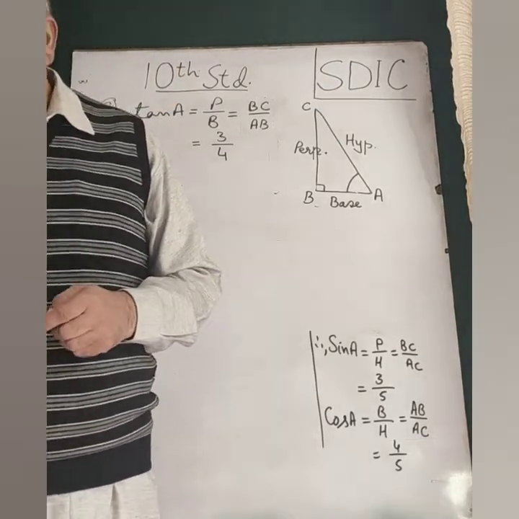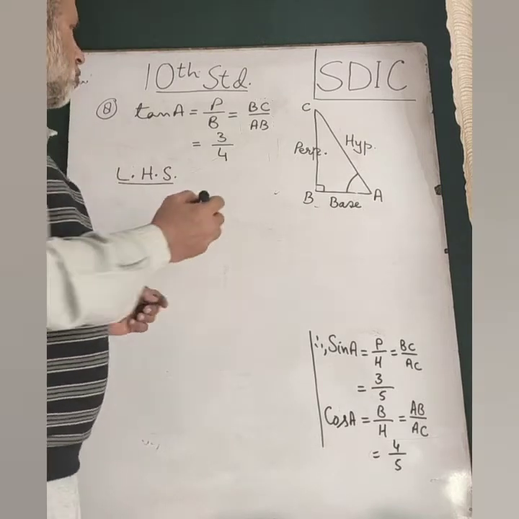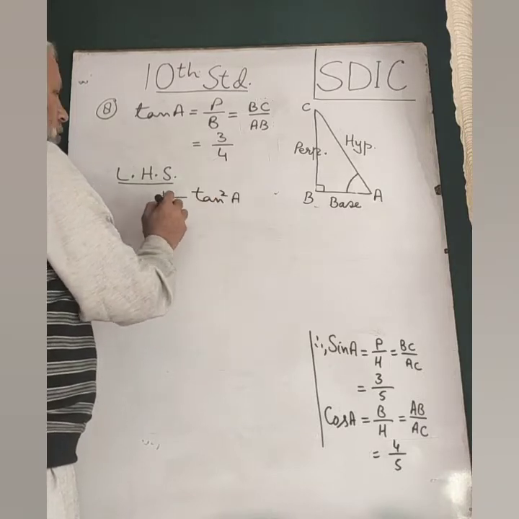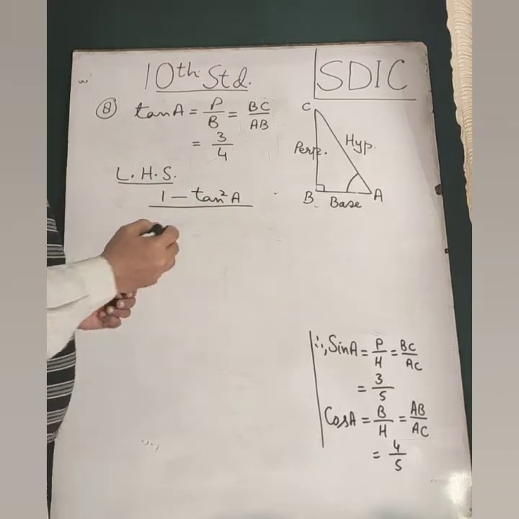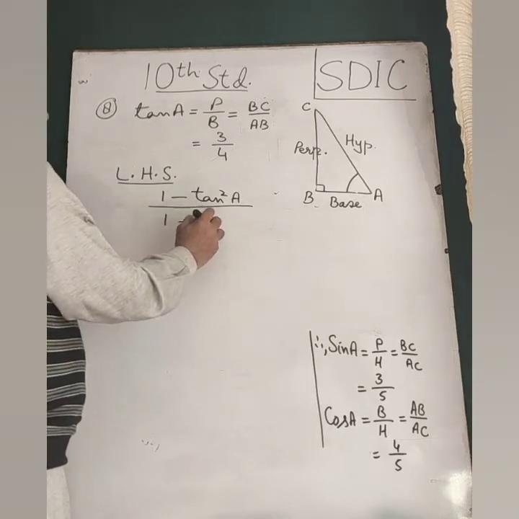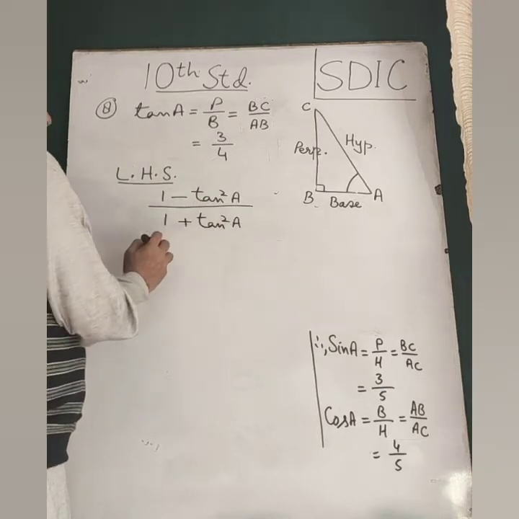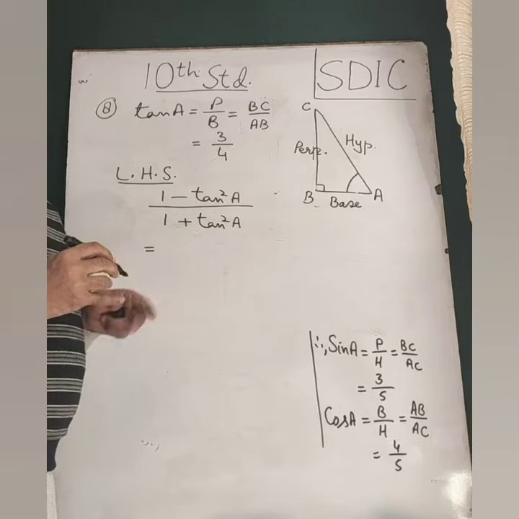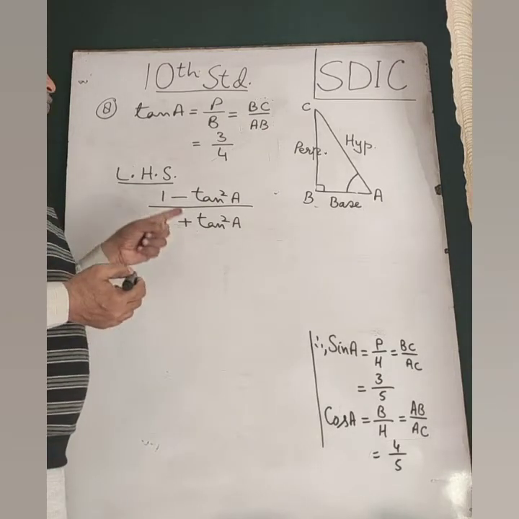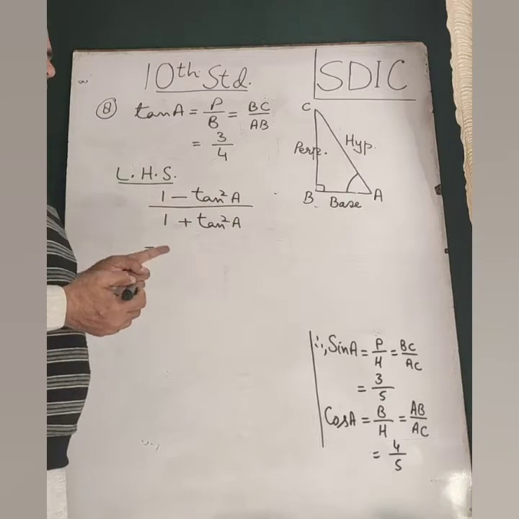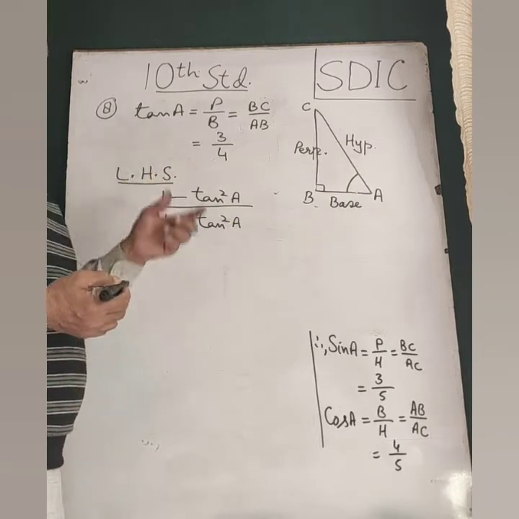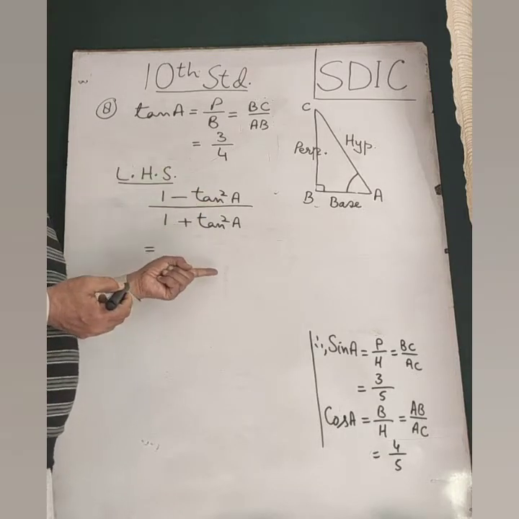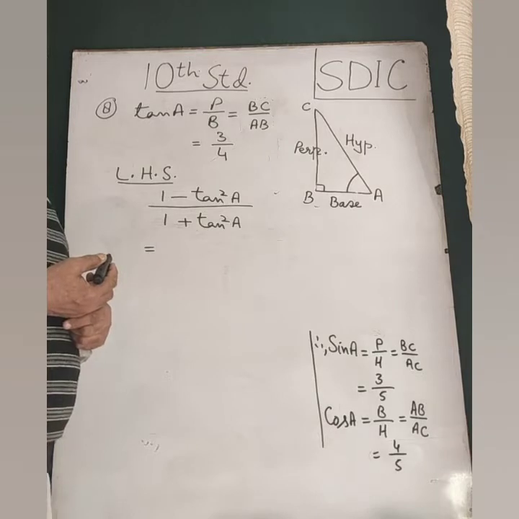On the left hand side we have 1 minus tan square A whole divided by 1 plus tan square A. Previously it was 1 minus sin square A divided by 1 minus cos square A. Now it is 1 minus tan square A whole divided by 1 plus tan square A. So the procedure of solving will again be the same. We'll put the value of tan A in the numerator as well as the denominator, then combine them and get the result.